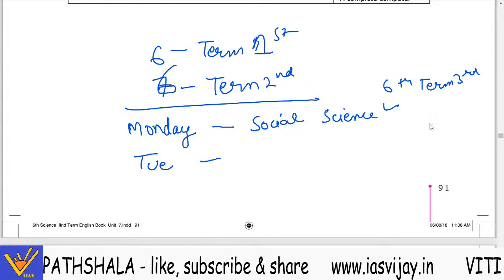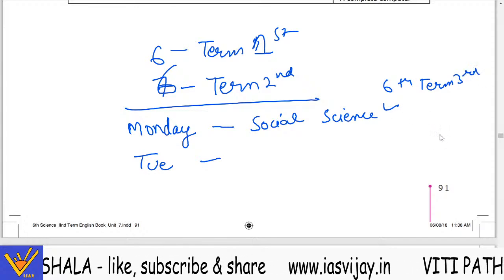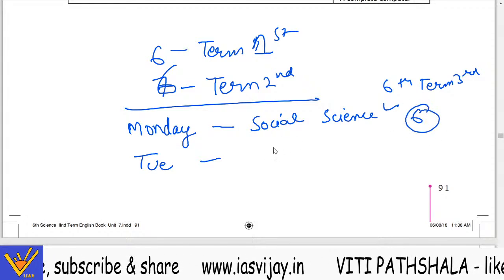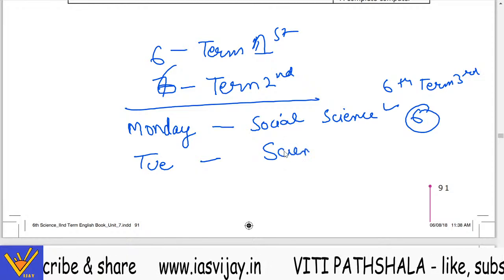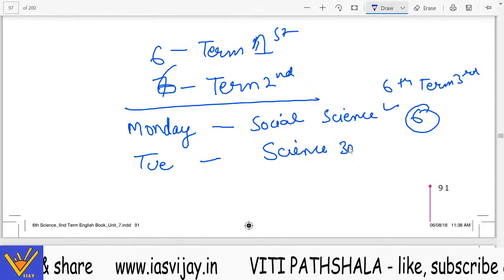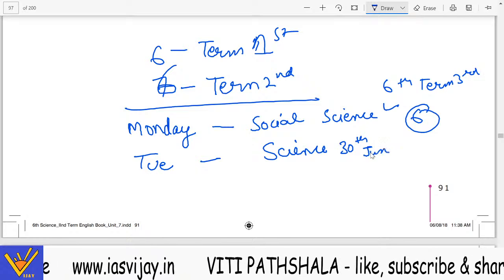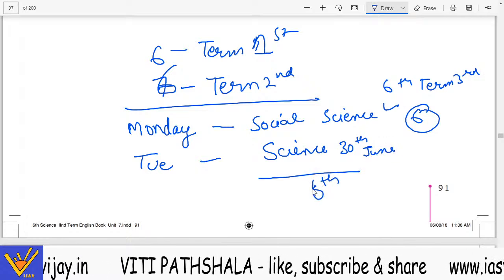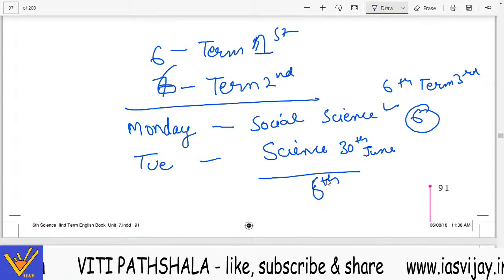If I have to take 2 or 3 classes, I would be completing 6 chapters. Then on Tuesday we would be doing the science part, that is the 30th June. So this month we would be completing the 6th class Tamil Nadu SCERT books completely.